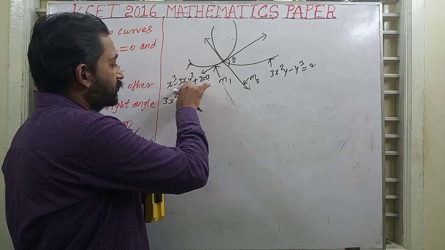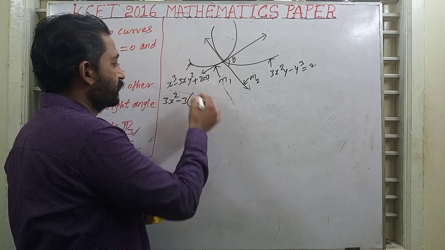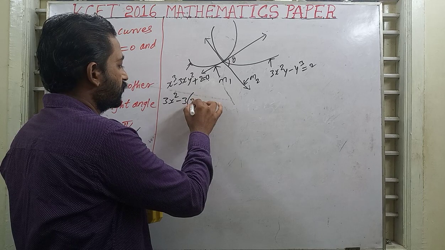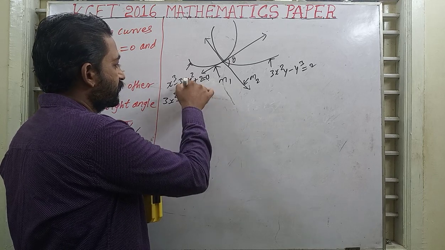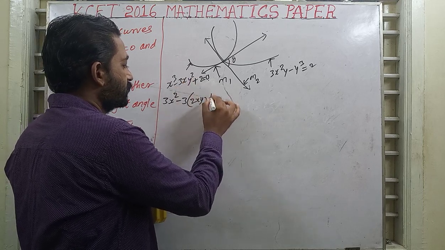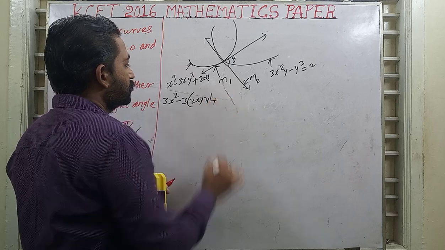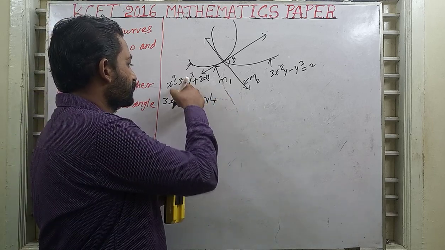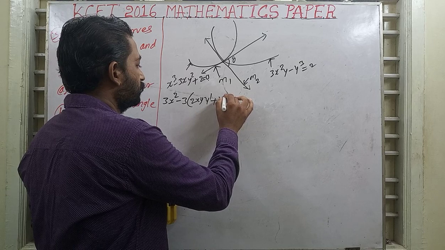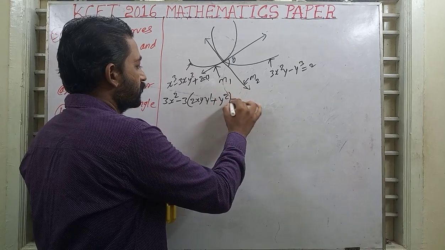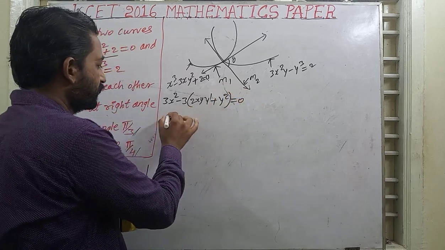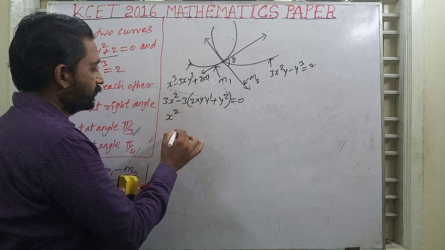Differentiate with respect to x, this is the product rule. x taken as constant, the differentiation of y square is 2y y dash, plus y square taken as constant, the differentiation of x is 1. The derivative of 2 is 0. Divide by 3 on both sides.